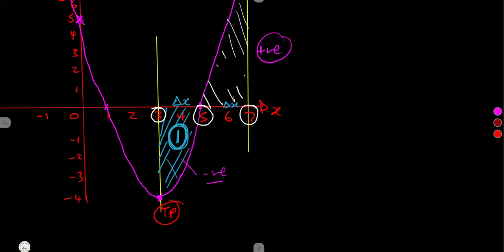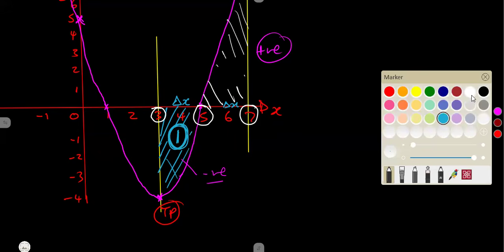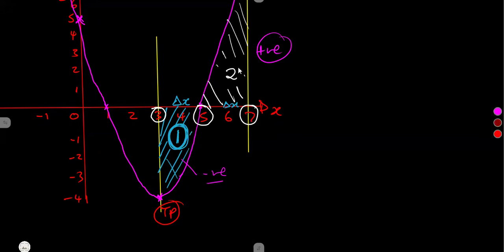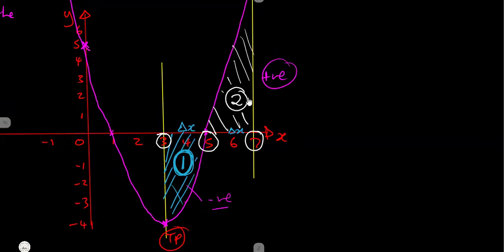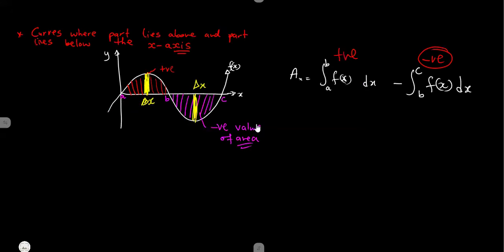And this is representing the second area. So as we can see, the second area is positive because it's on top.